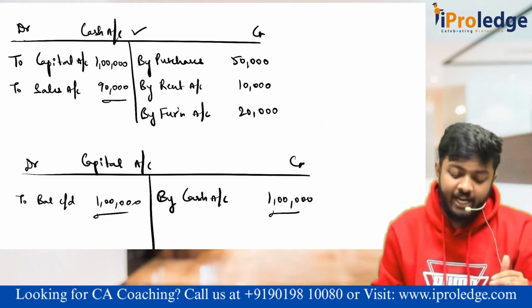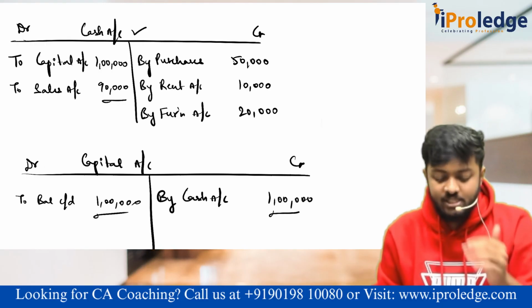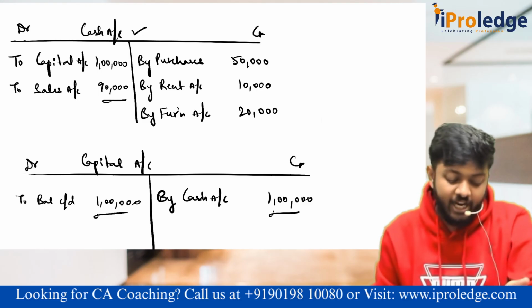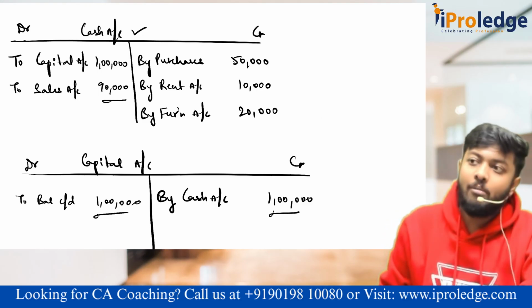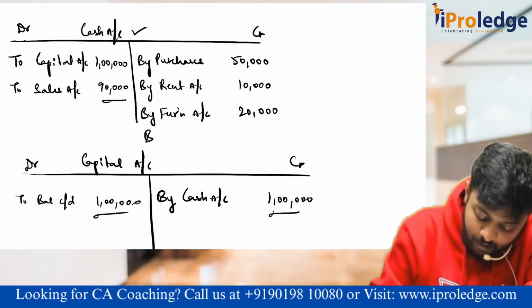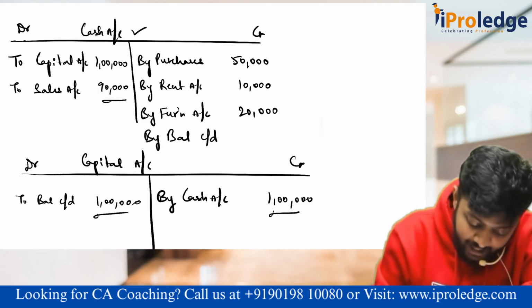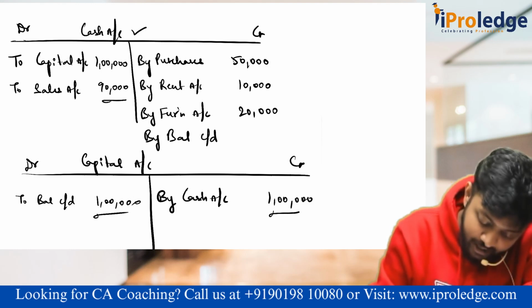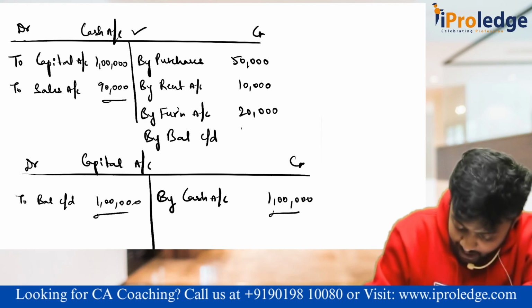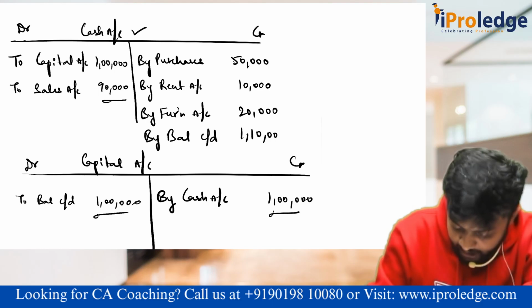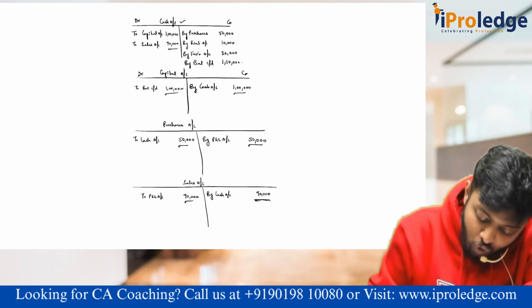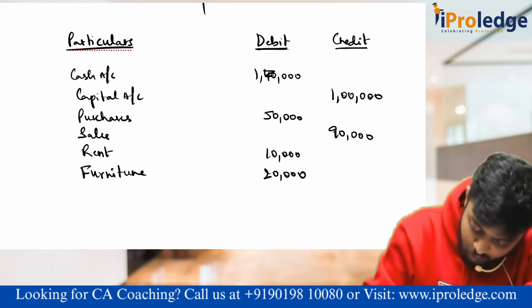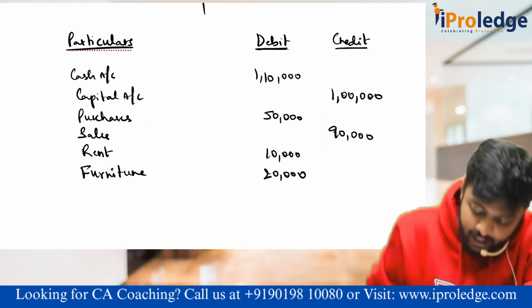Okay, now let's balance it. The balance is 1,90,000 minus 50 minus 10 minus 20. So 60, 70, 80. 1,90,000 minus 80,000 is 1,10,000. So by balance carried down, this is the balance that should go to the cash account, 1,10,000.